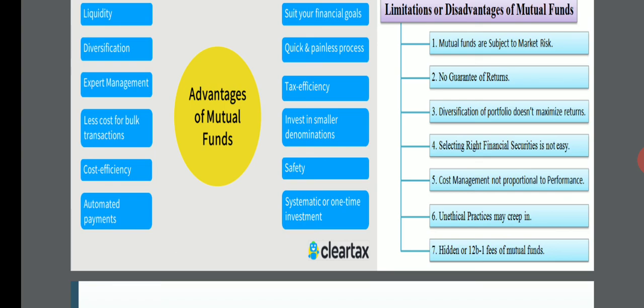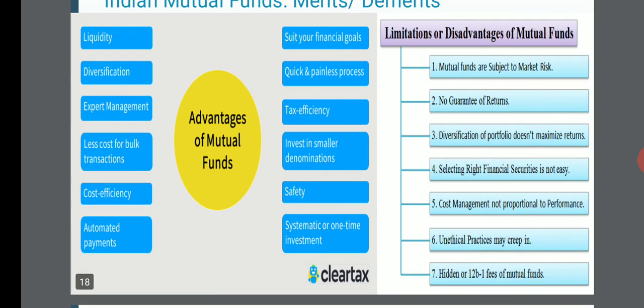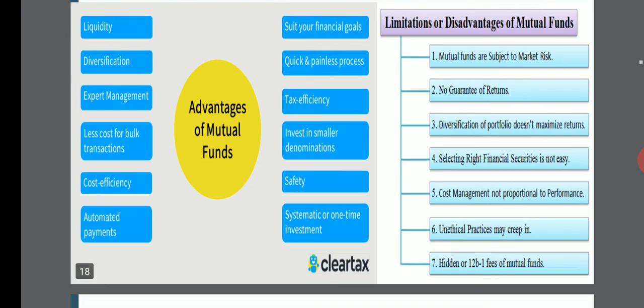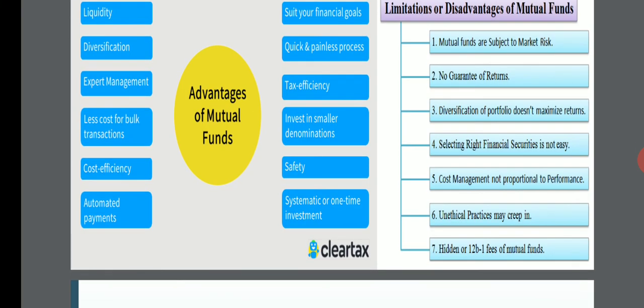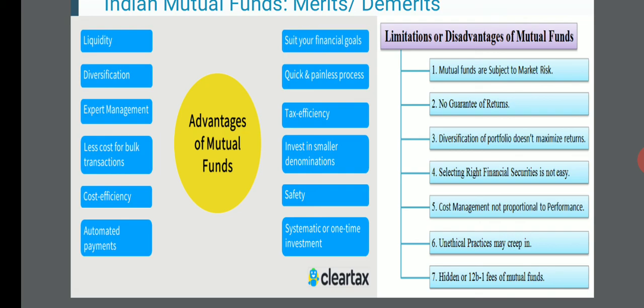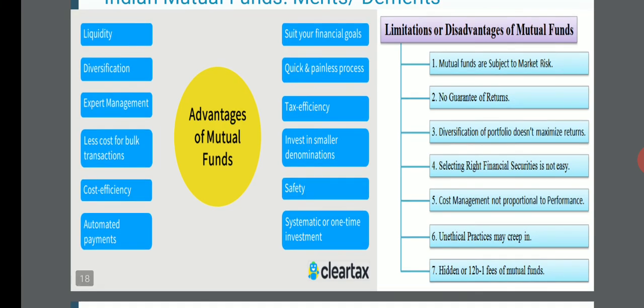Selecting right financial security is not easy. It does require professional mindset, some kind of experience to select right financial securities. Cost management not proportional to performance. Cost, you have to pay entry and exit load whether you gain or lose. Unethical practice may creep in.